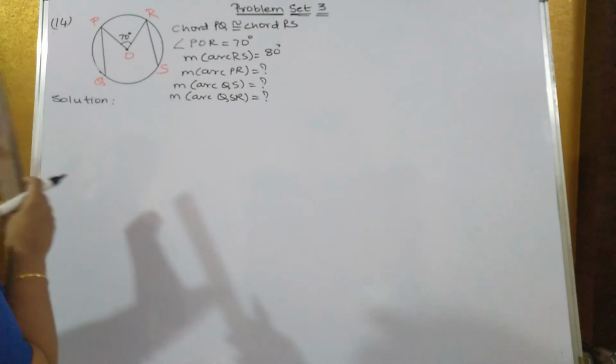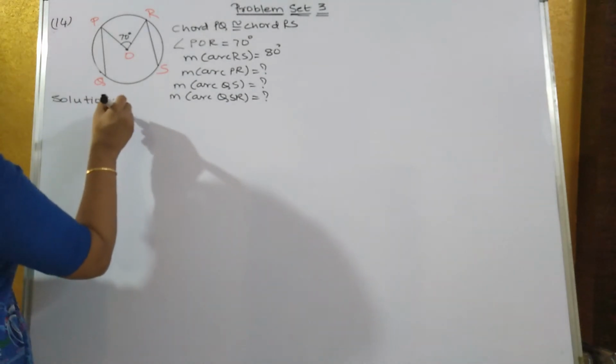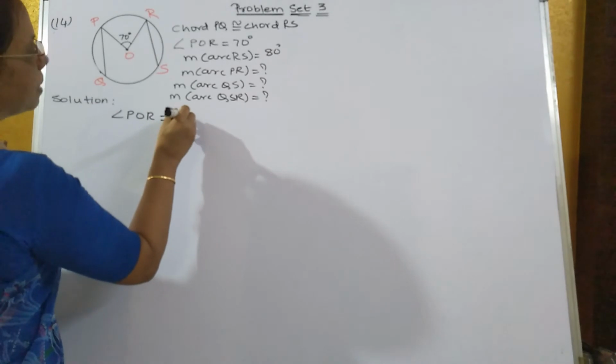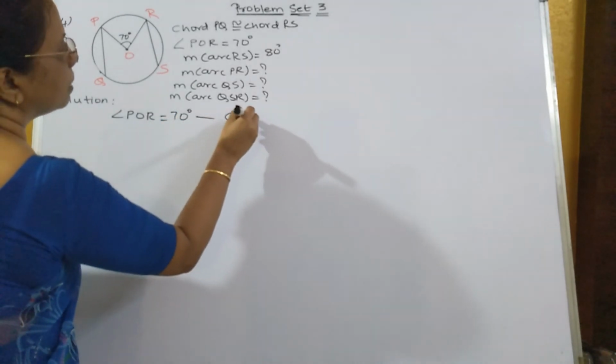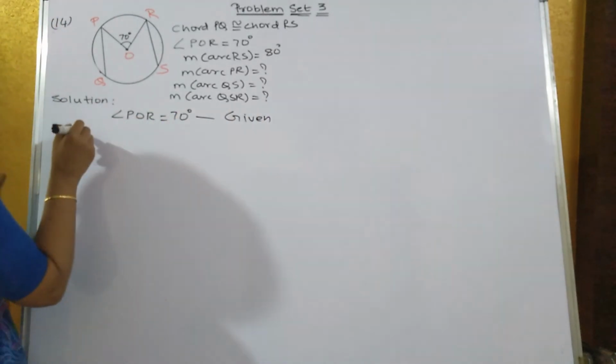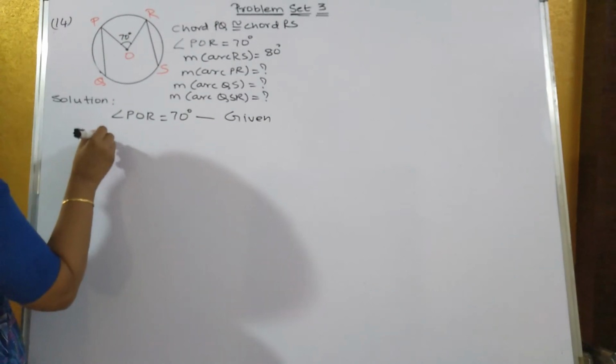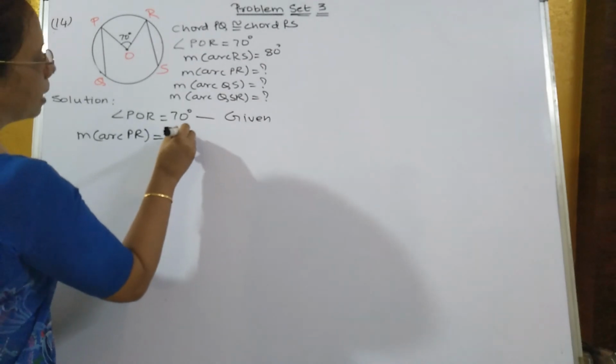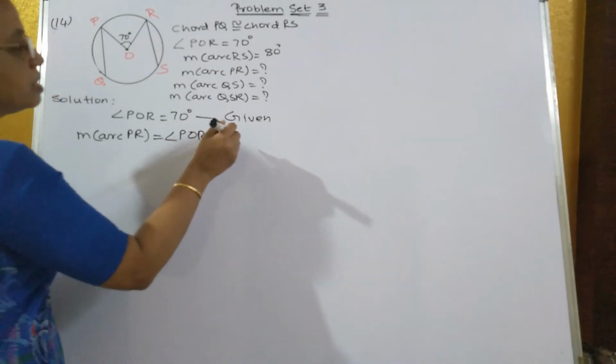Now solution. Angle POR is equal to 70 degree, that is already given. Measure arc PR is equal to angle POR. What is the reason?